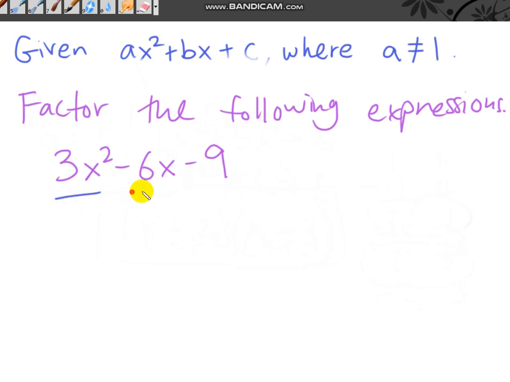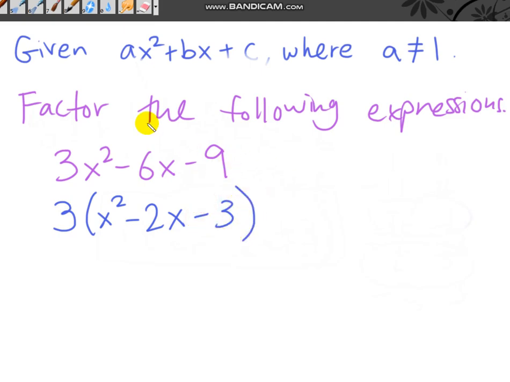It just so happens that each term has a common factor of 3, so we can pull out a 3. This is 3 times x squared, and then negative 6 divided by 3 is negative 2, and negative 9 divided by 3 is minus 3.